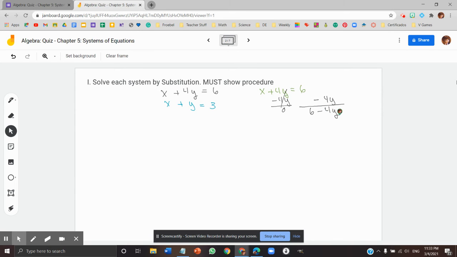So that's going to be just 6 minus 4y. And that is the same thing as negative 4y plus 6, just in case. And on the other side, I'm just going to have my x. So at the end of the day, I'm going to have x equals 6 minus 4y.